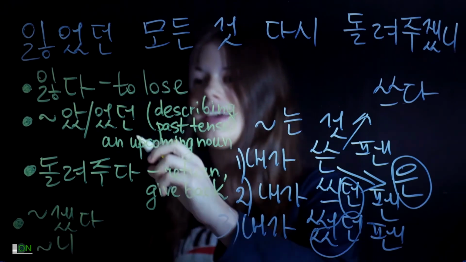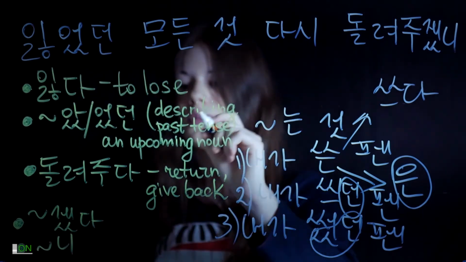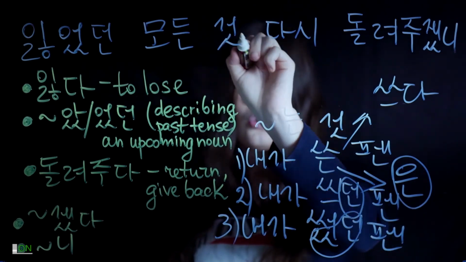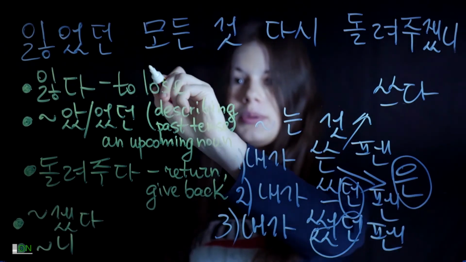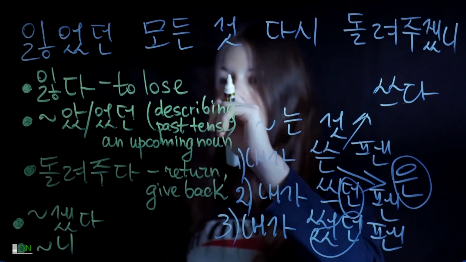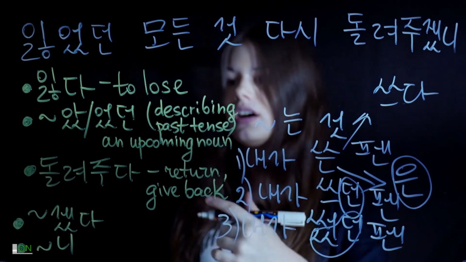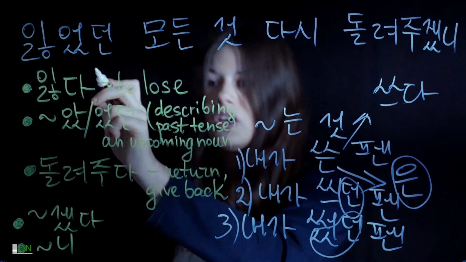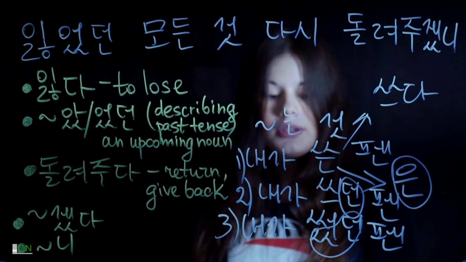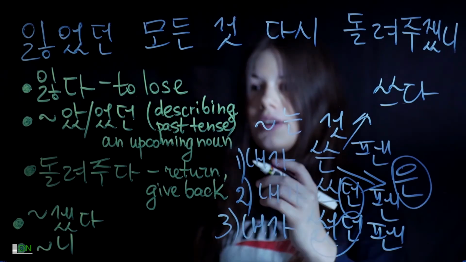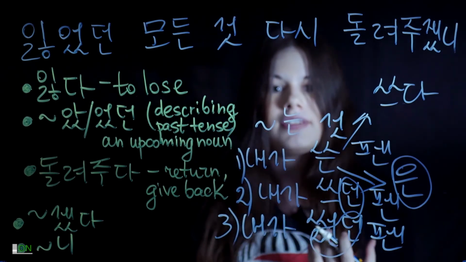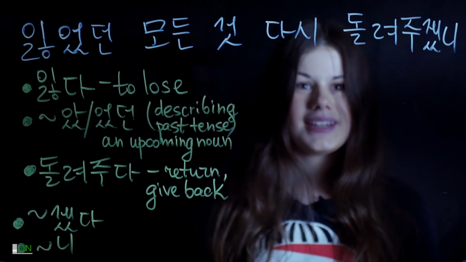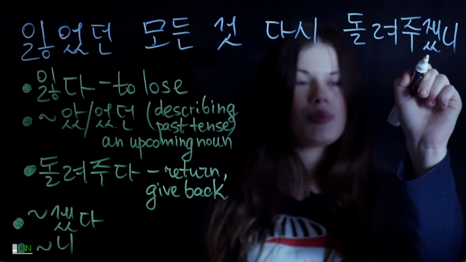So probably 잃었던 모든 것, 모든 means like every, 것 means thing, so it'll be like everything that I lost. So the translation of this would be everything that I lost. So here, like logically, everything that I lost and I don't have it now because I lost it. So now let's deal with 다시 돌려주겠니.